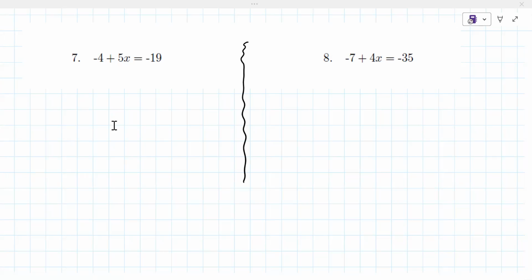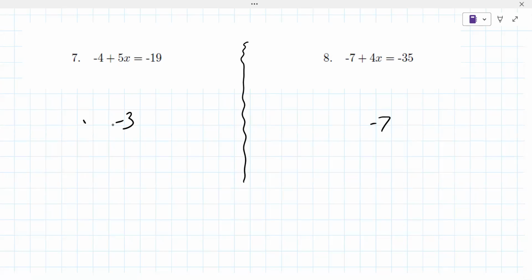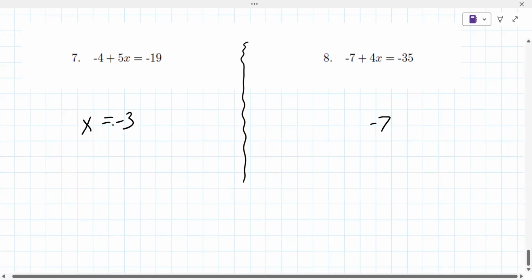Number 1 is -3, number 2 is -7. It's x equals -3. Okay, and how about the other one? x equals -7. All right, those are both correct.